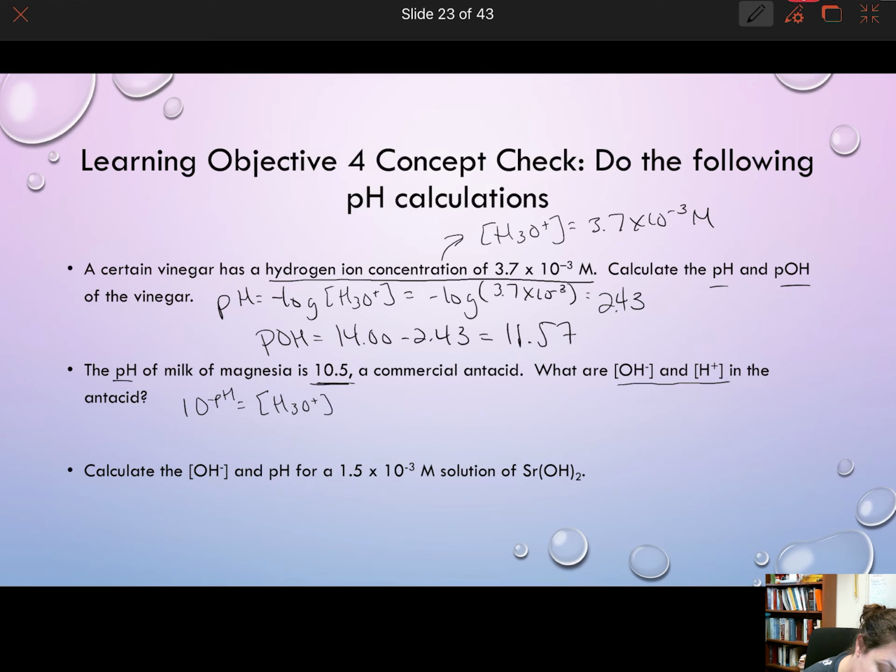So our hydronium would equal 10 to the negative 10.5, which gives us a value of 3.16 times 10 to the negative 11, which is a very small value, but that is to be expected as we have a basic solution.